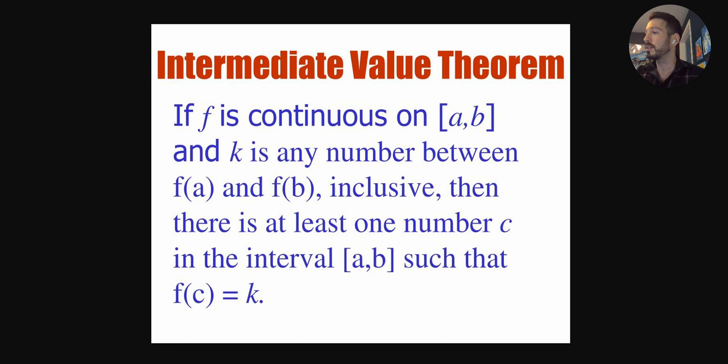If f is continuous on the x interval a to b, inclusive, and k is any number between f of a and f of b, so k is a y value, inclusive, then there's at least one number, c, x value, in the interval a to b such that f of c equals k. They're just saying you're going to go through all of those y values between f of a and f of b. You have to, because it's continuous. There's no breaks.